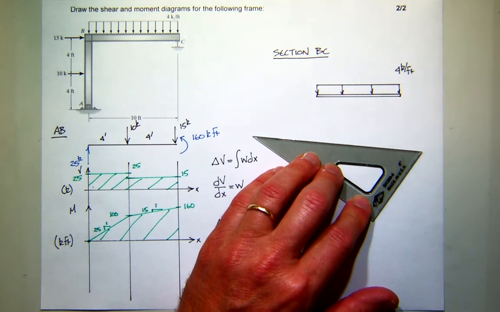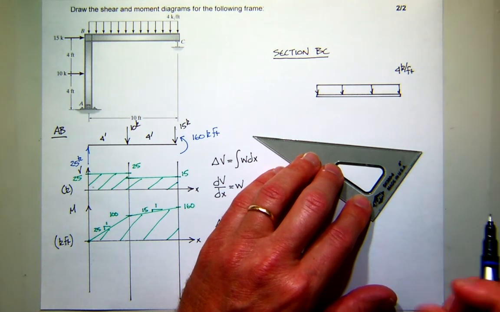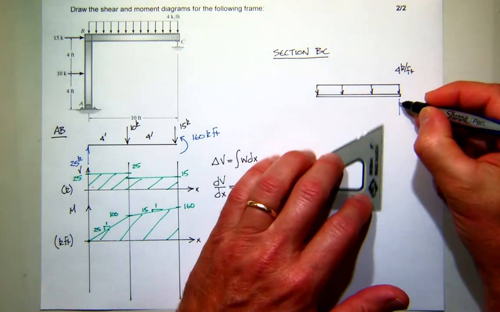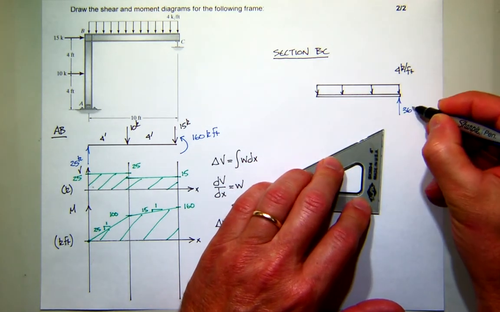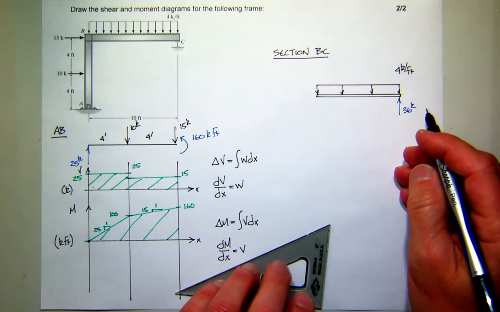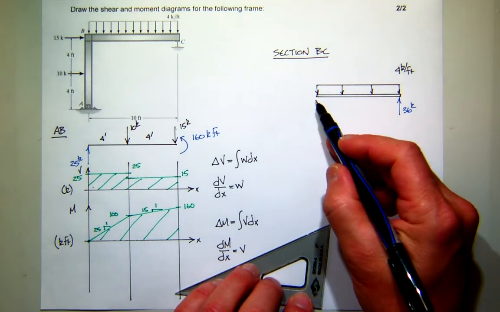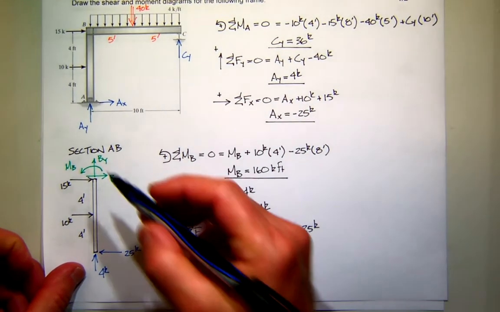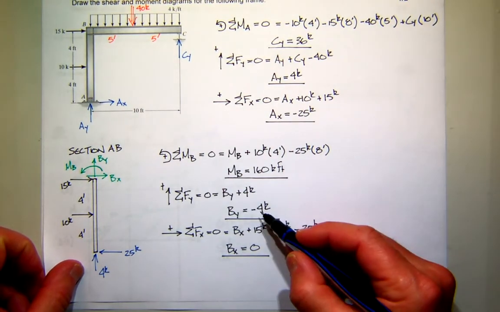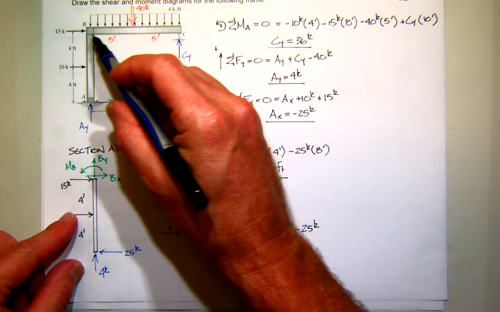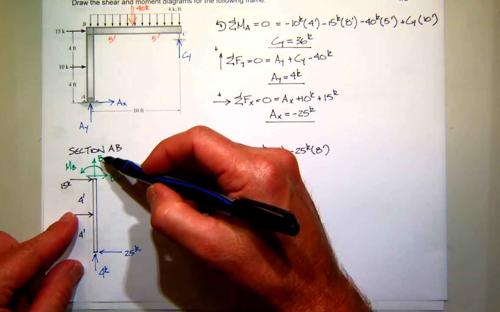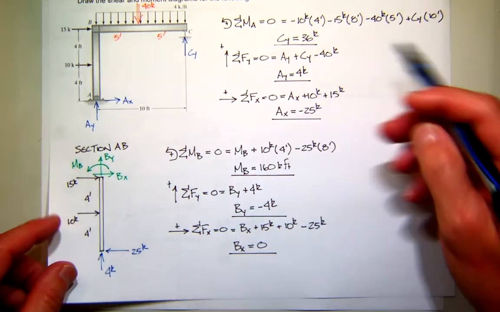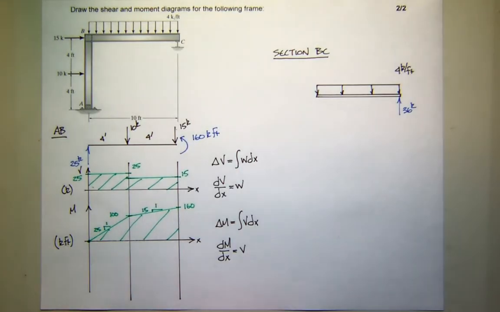Okay, what's happening at C? If you remember our calculation, we found that Cy was up and equal to 36 kips. Now, what's going to happen here? Let me slide this back just for a second. Remember when we solved this problem, we found that By was negative 4. Well, that means on section BC, it's equal and opposite. So it would be down, but it's negative, so it's actually up.